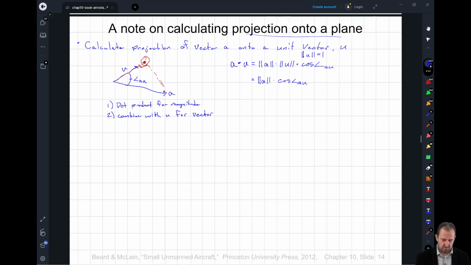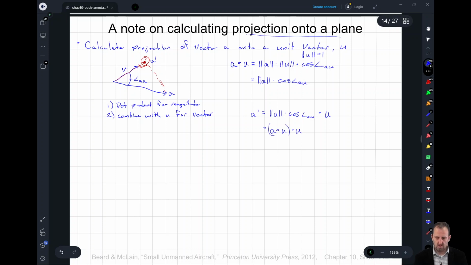So the dot product is used to project and find that magnitude, and then that vector, let's call it A prime, is just going to be equal to A times cosine of the angle between them times u, or this is just equal to A dot u times u, which is pretty cool.